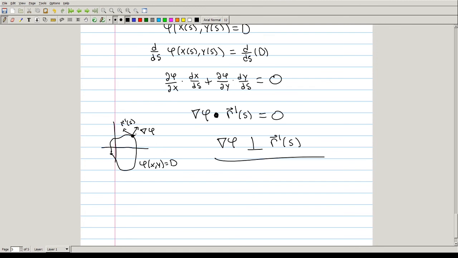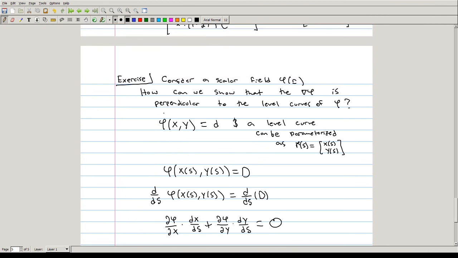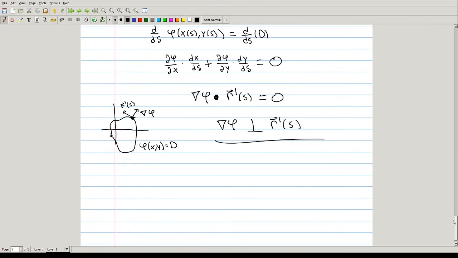Now, a useful exercise for you to do at home would be to show that this also holds for level surfaces. What I've just done is I've shown that the gradient vector in 2D for a scalar function of two variables is always perpendicular to the level curves of that function.